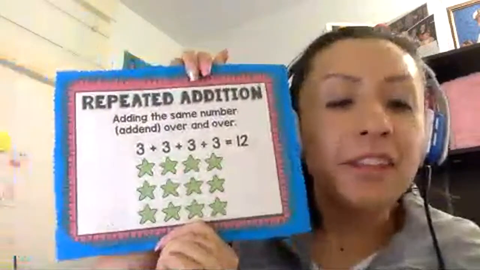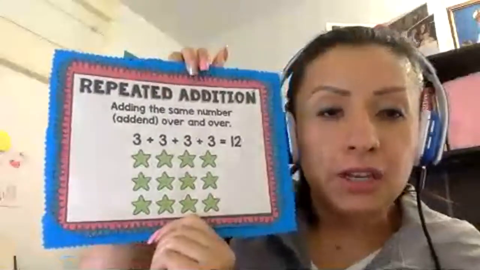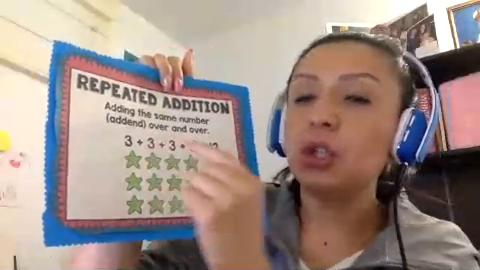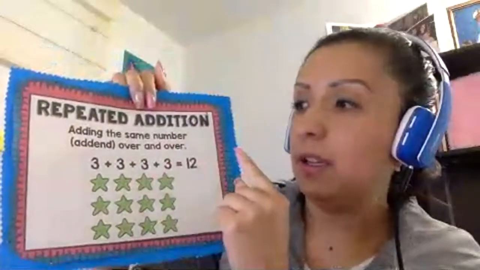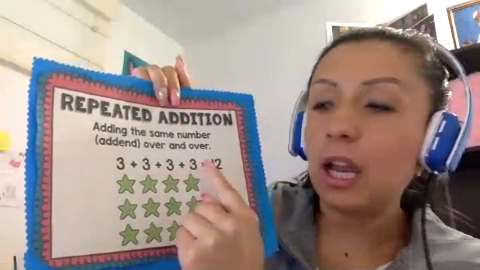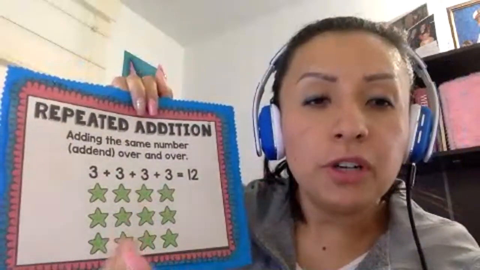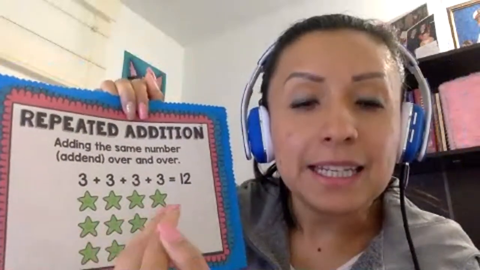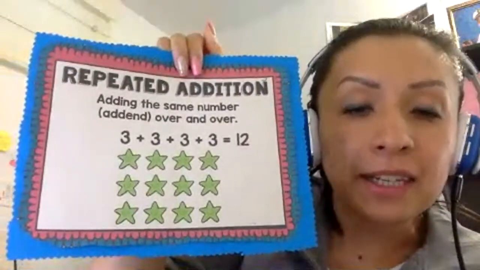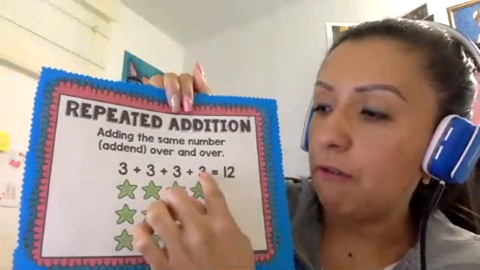The third keyword is repeated addition. Repeated addition is to add the same number over and over again. In this case, we are adding the number 3: 1, 2, 3, 4.